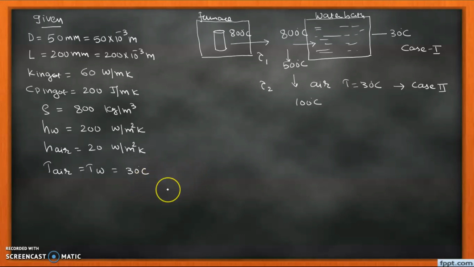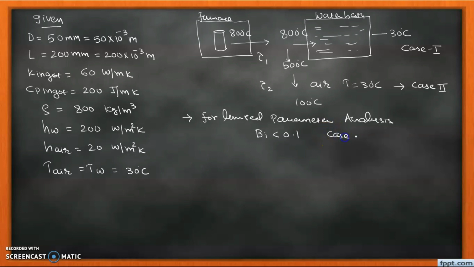Students, we know the lumped parameter analysis, but before applying it, we need to check whether the Biot number is less than 0.1 in both cases. So let me check the Biot number for lumped parameter. The value of the Biot number should be less than 0.1. We check for case 1.